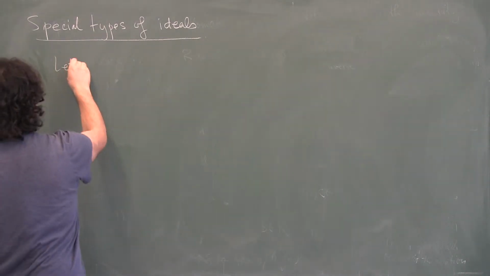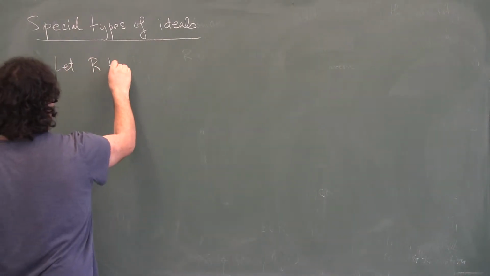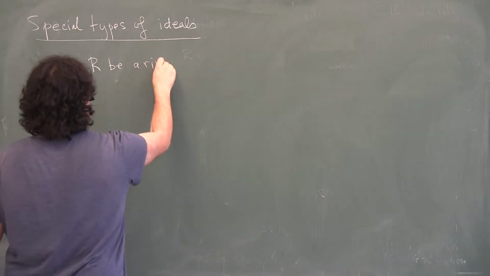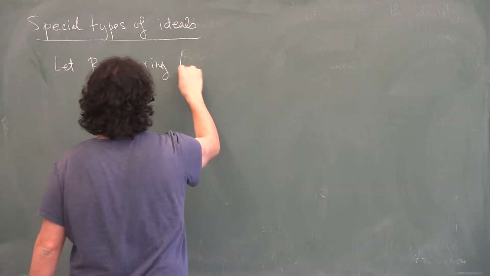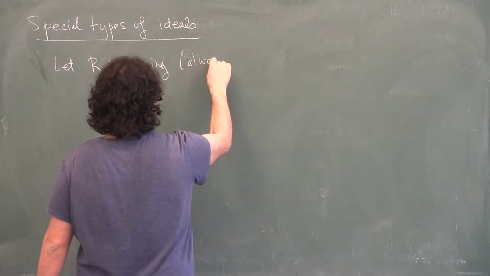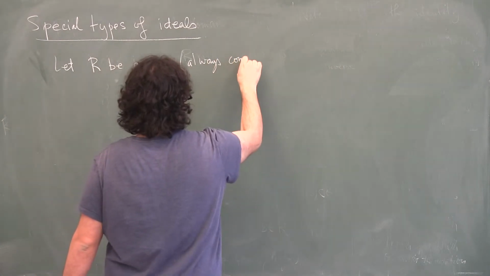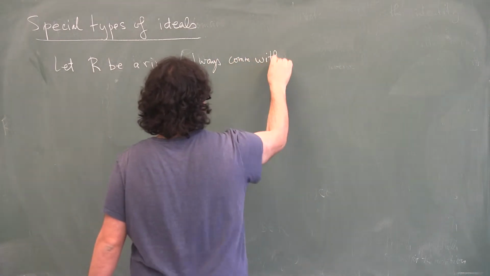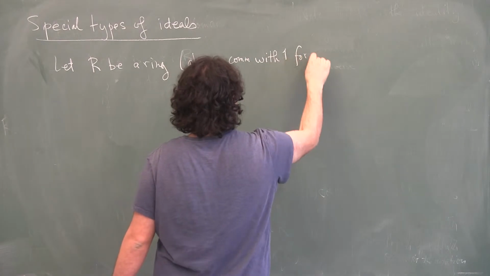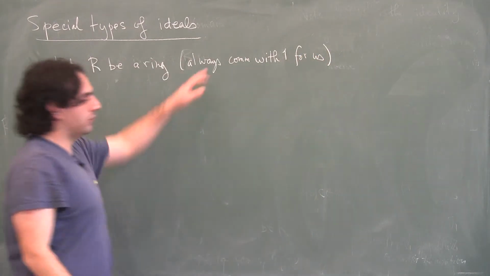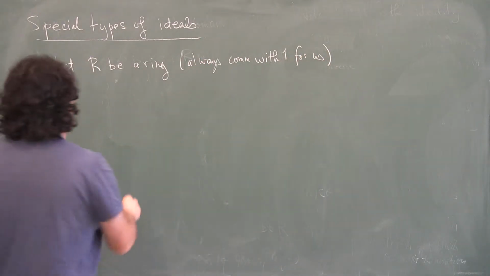So let R be a ring, always commutative with 1 for us, not always in the world, but always for us.